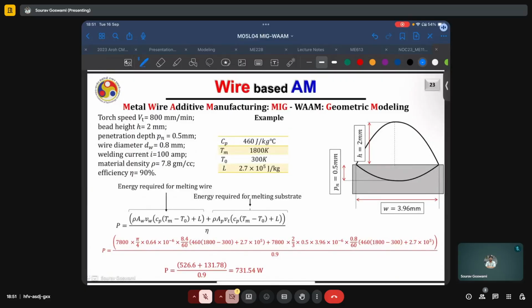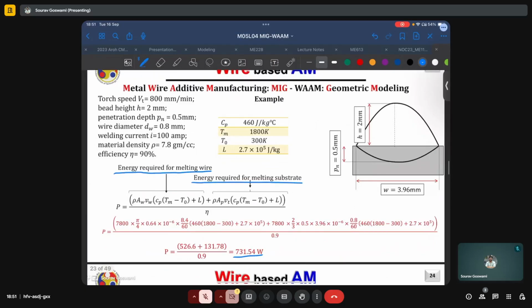One is for melting the wire itself, and the second is for melting the substrate. When we add these two and divide by the process efficiency, we can have a rough estimate of approximately 731.54 watts, which is the minimum power required.